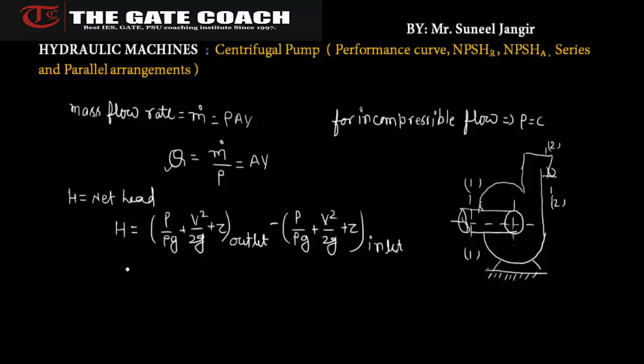Now this net head is also proportional to the useful power delivered to the fluid by the pump. I'm repeating again, this net head is proportional to the useful power delivered to the fluid.